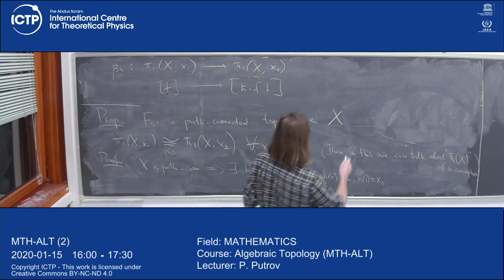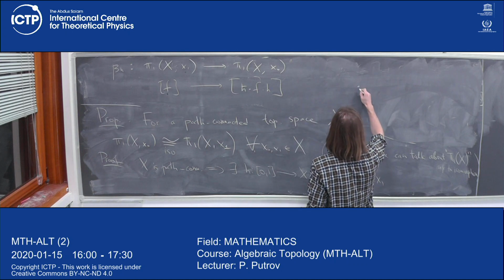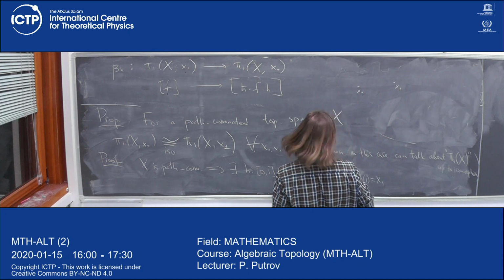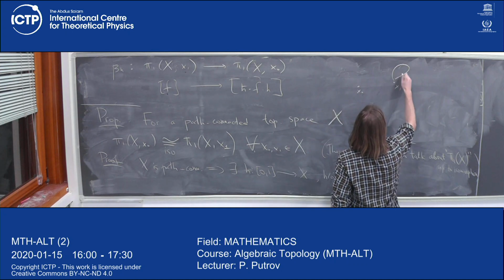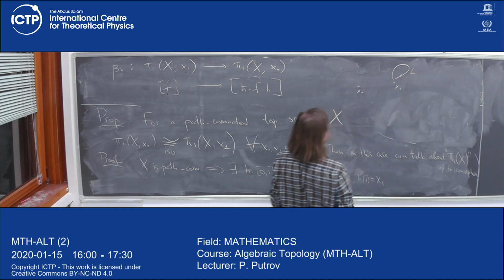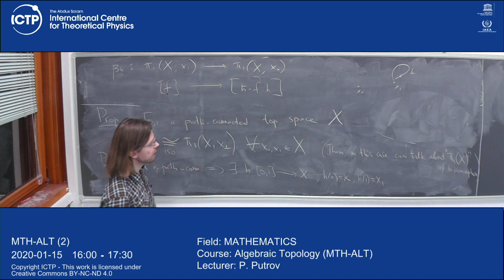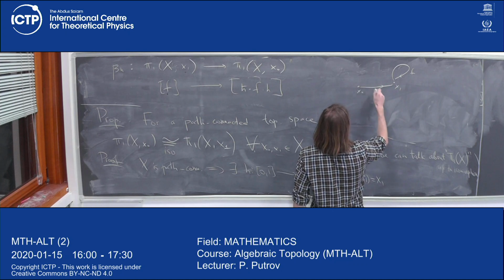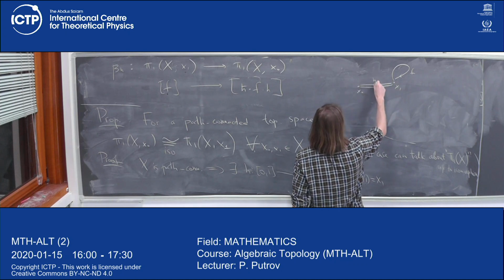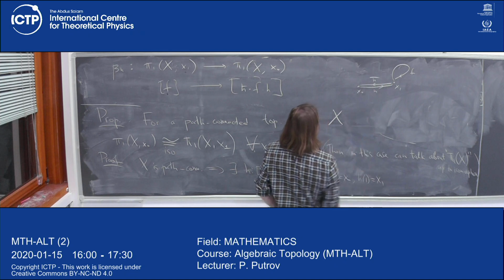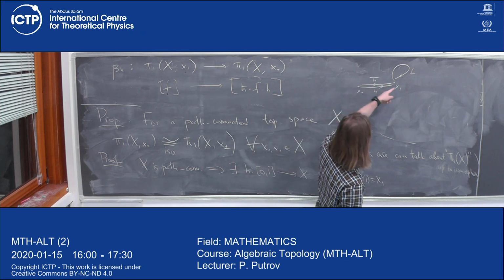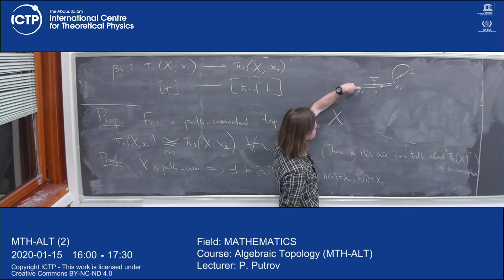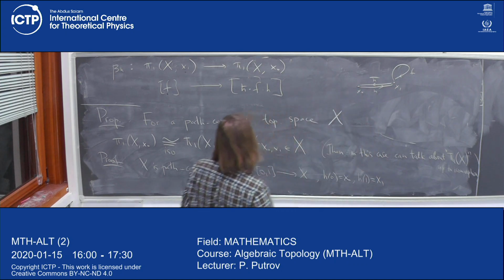This is well defined because, let me see, I have here x0 and x1, and some loop f starting and ending at x1, and I have a path h going like this and a path h bar going like this. If I take the composition h, f, h bar, this gives me a path starting and ending at x0. This is well defined.